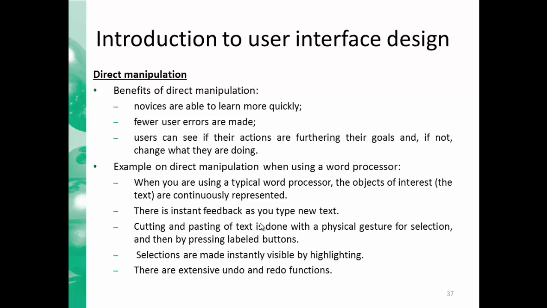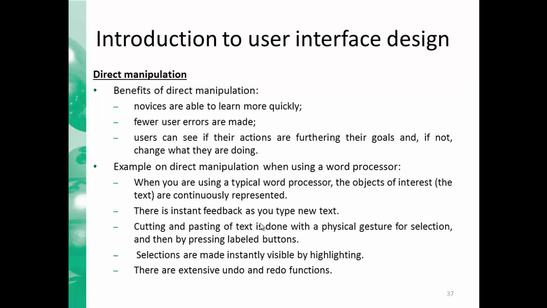Direct manipulation has some benefits. It's easier for novices who are new to the system to learn quickly. Users will make fewer errors because they are using components that they are mentally familiar with.